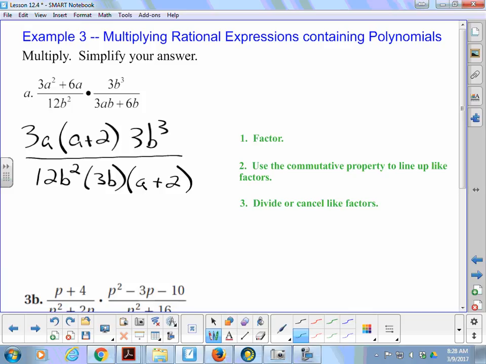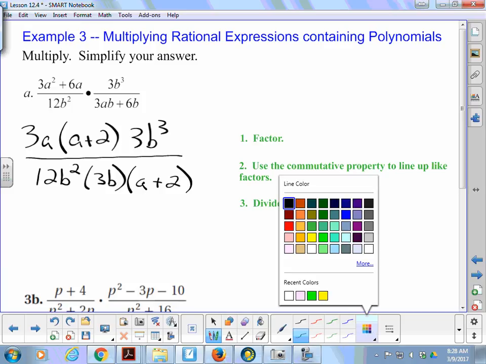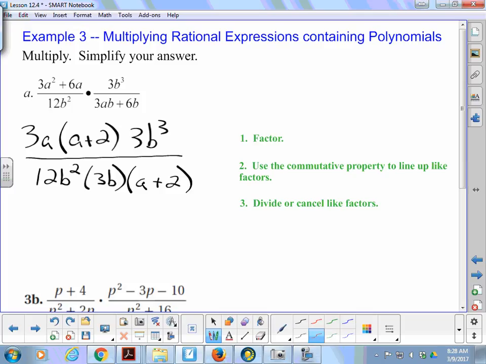Now this can get a little complicated. You just have to be careful what you're doing. So let's do this first of all. I can see they both have the a plus 2. So I'm getting rid of the a plus 2. That's the obvious part.